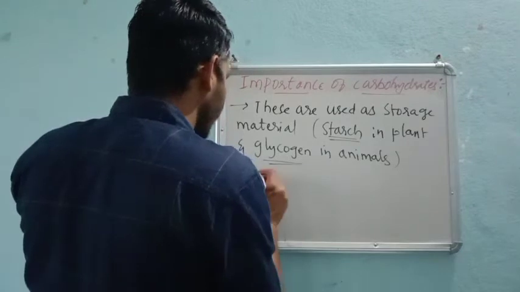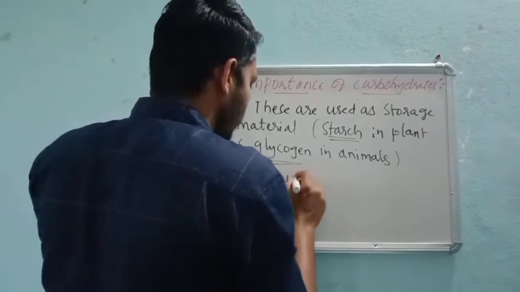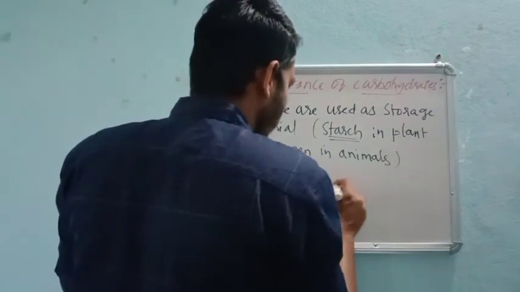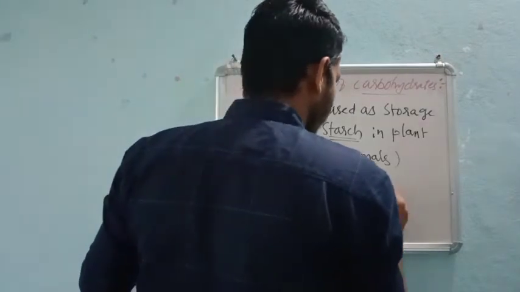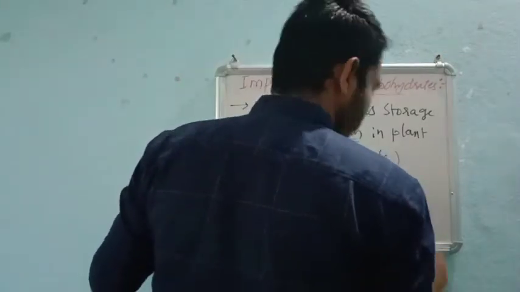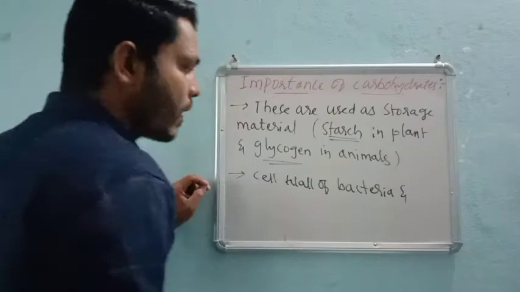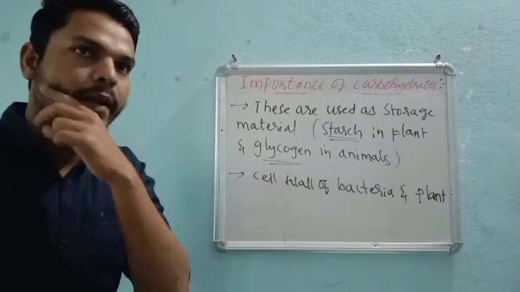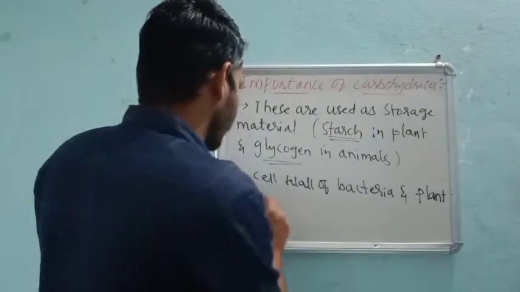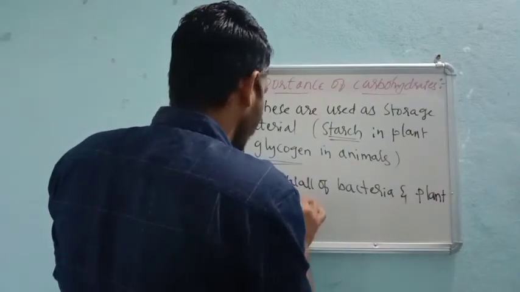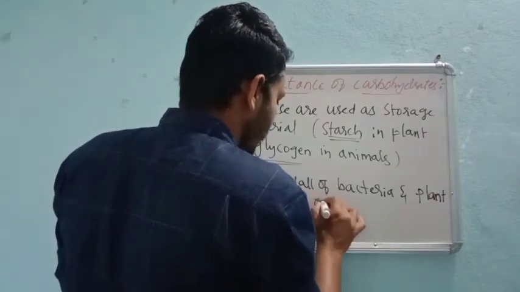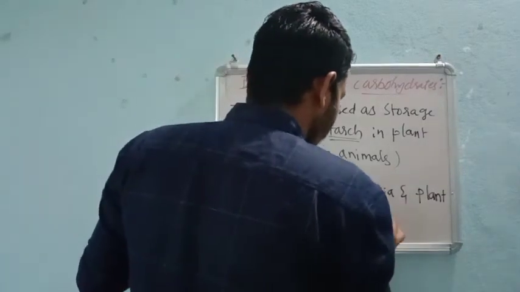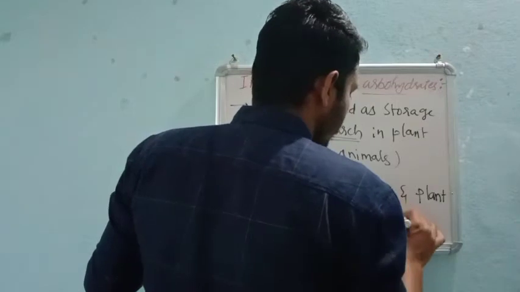So the cell wall of bacteria and plants, and you already know this point, right? The cell wall of bacteria and plants is made up of cellulose, right?